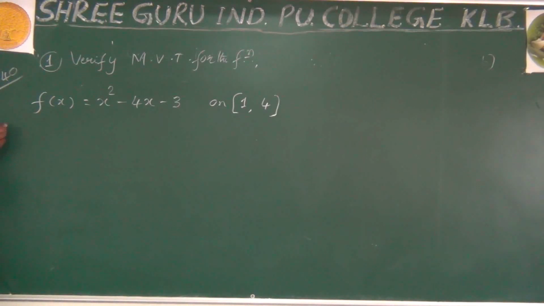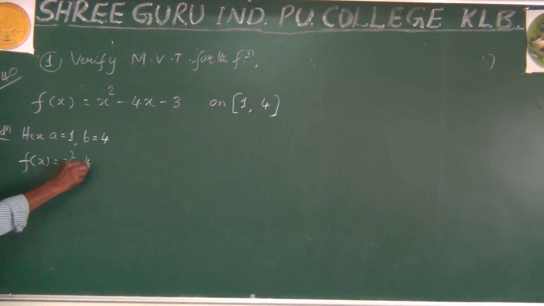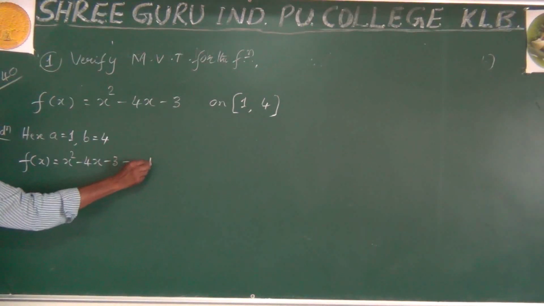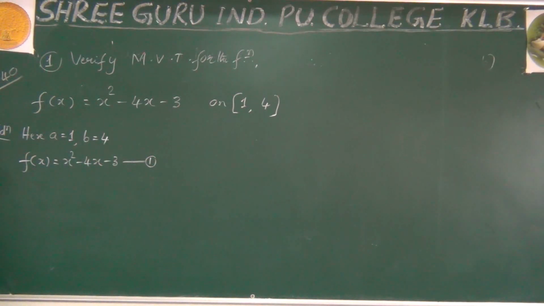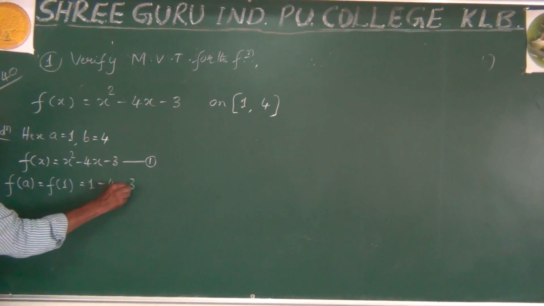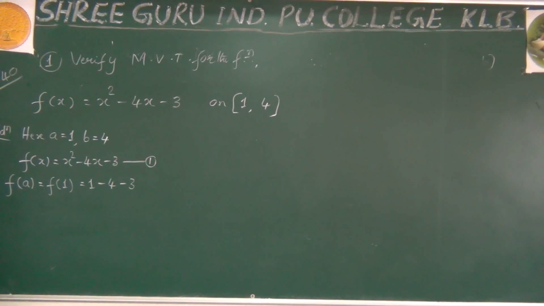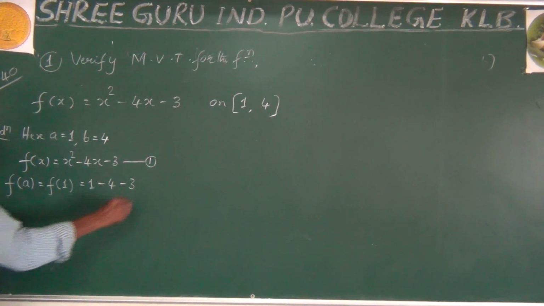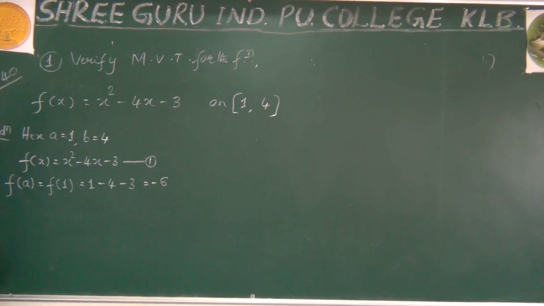Solution. Here a is 1, b is 4, and f of x equals x square minus 4x minus 3 is the curve. Let's find the f of a, f of b values. f of a, that is f of 1, is 1 square minus 4 into 1 minus 3, which is 1 minus 4 minus 3, that is minus 6.